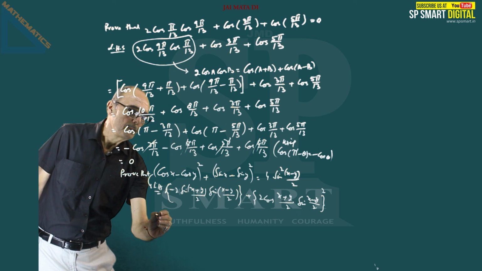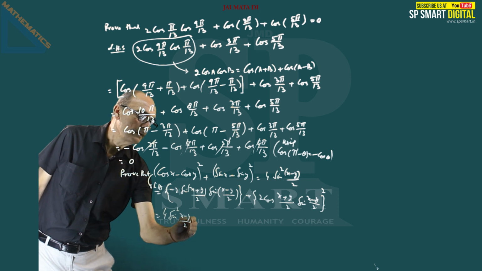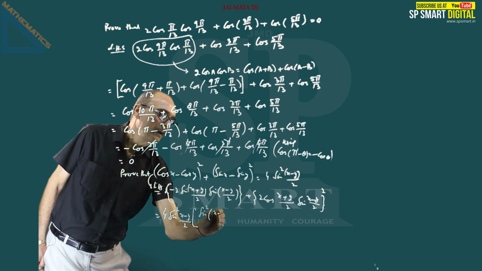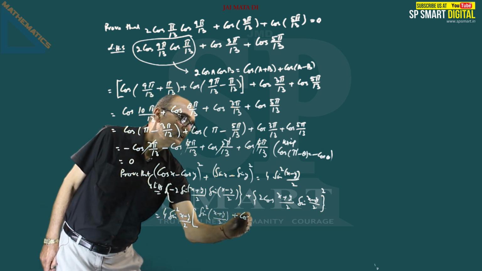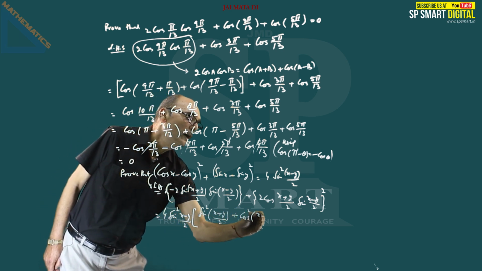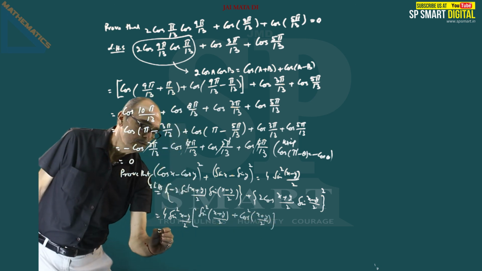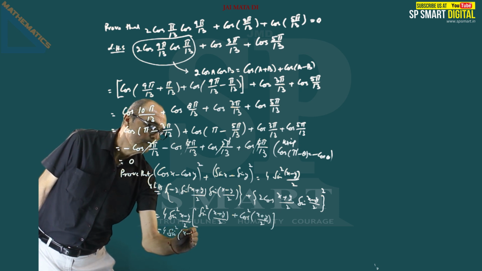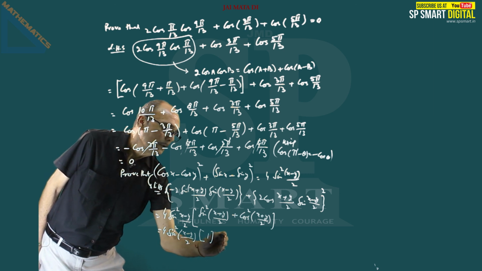Square it and take out 4 sin square x minus y by 2 common. So, we have sin square x plus y by 2 plus cos square x plus y by 2, or this is 4 sin square x minus y by 2 and this is 1, equal to right hand side.